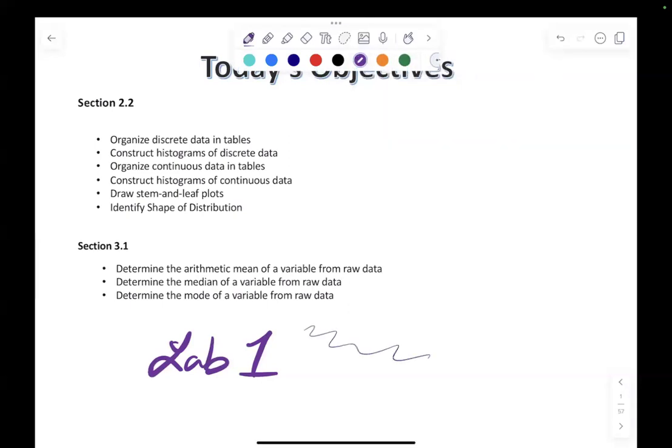Is this better? That's now too skinny. Okay, let's try this. 3. Yeah, that's good. Anyway, so we're going to do lab 1. I'm going to go over that. I talked about at the end of class Tuesday what you need for lab 1. I will mention it again when we get to that, so we'll do that at the end.